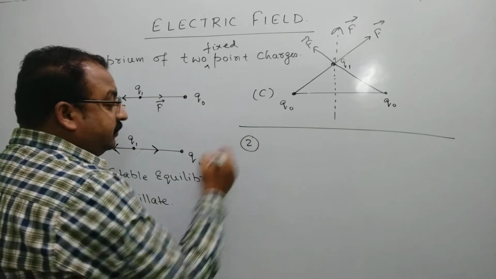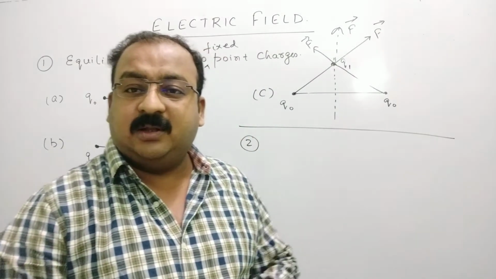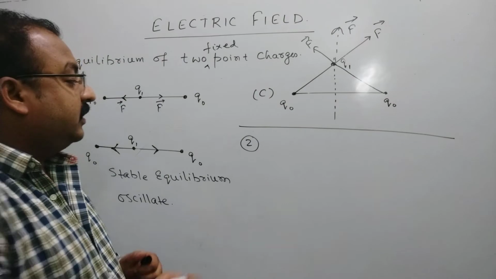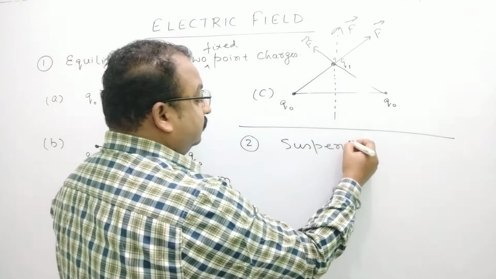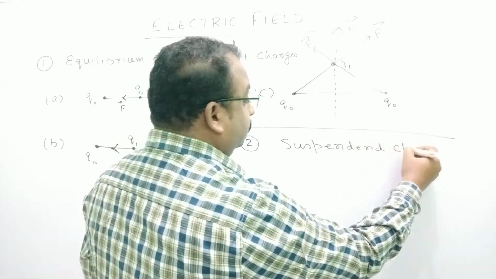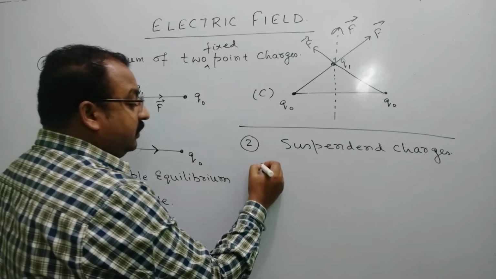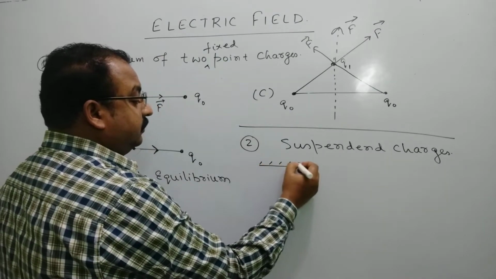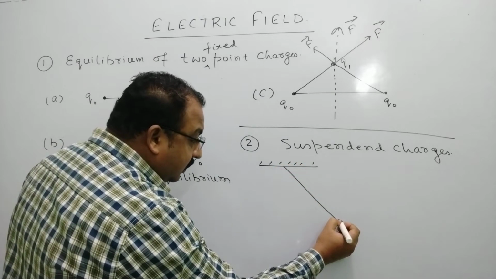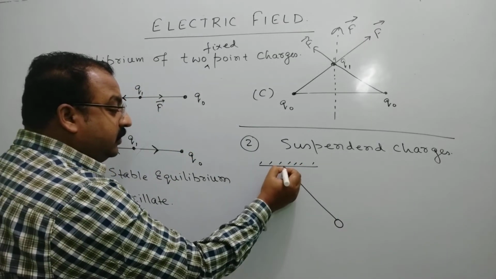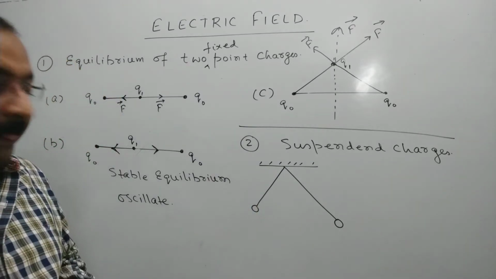Condition 2. Most of the times such problems are asked in JEE Mains and Advanced also. Suspended charges. Suppose two balls are suspended with charge on them in this way.